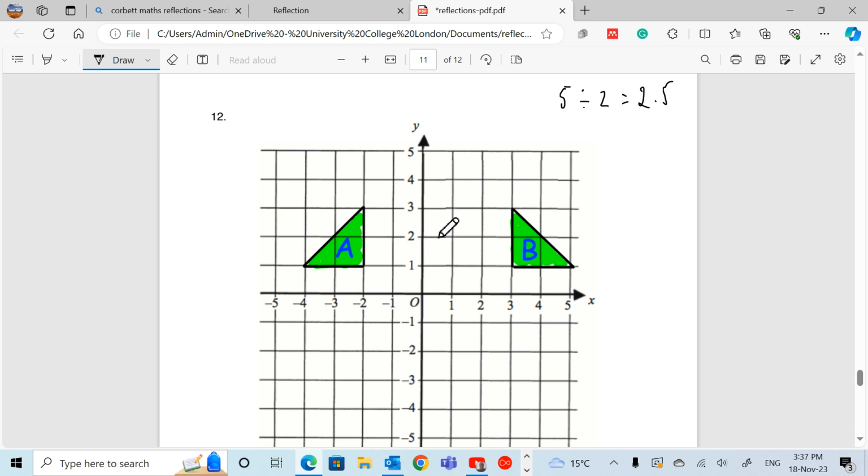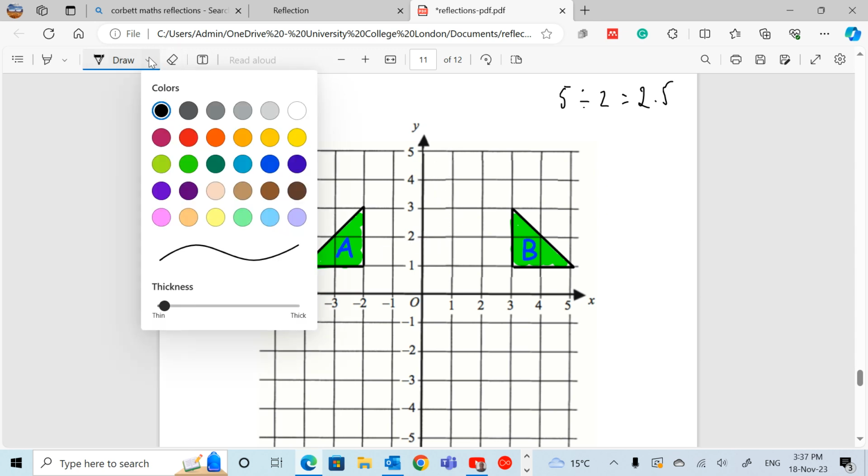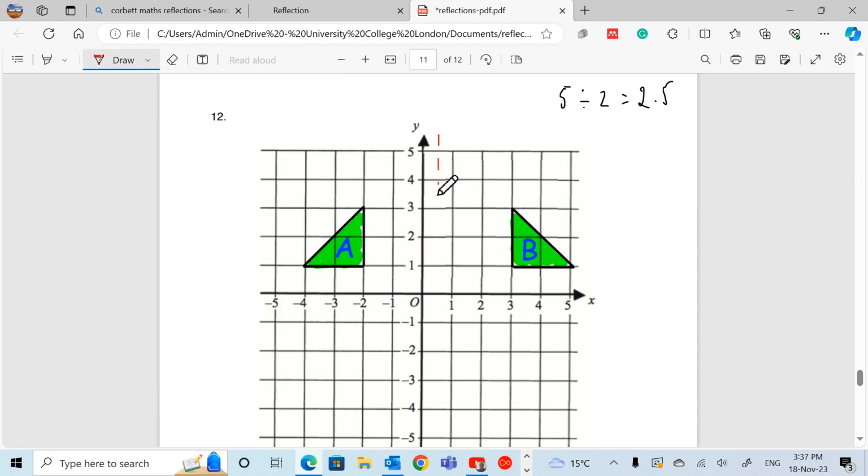So my mirror line, let's do it in red, must be halfway between shape A and shape B. So that's at, here we go, and I'm doing a nice dotted mirror line here, at x is equal to, because it's a vertical line, remember vertical lines x equals, horizontal line y equals, and that's at the point of x is equal to a half, or 0.5. So that's your mirror line.